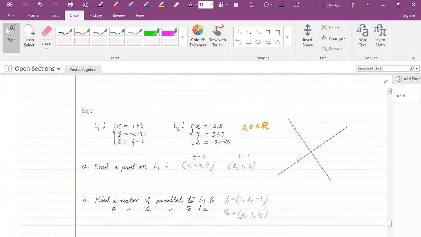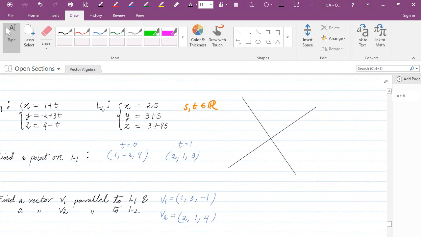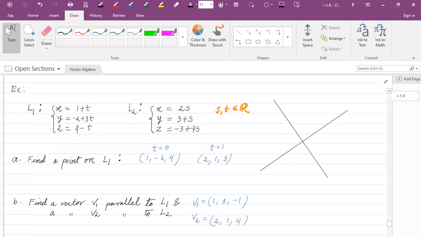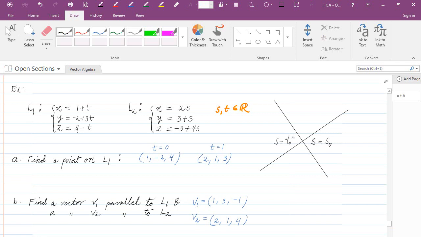So if the two lines intersect, going back to the two equations, there must be an S value, S naught, and a T value, T naught, so that the XYZ coordinates of the two lines match.